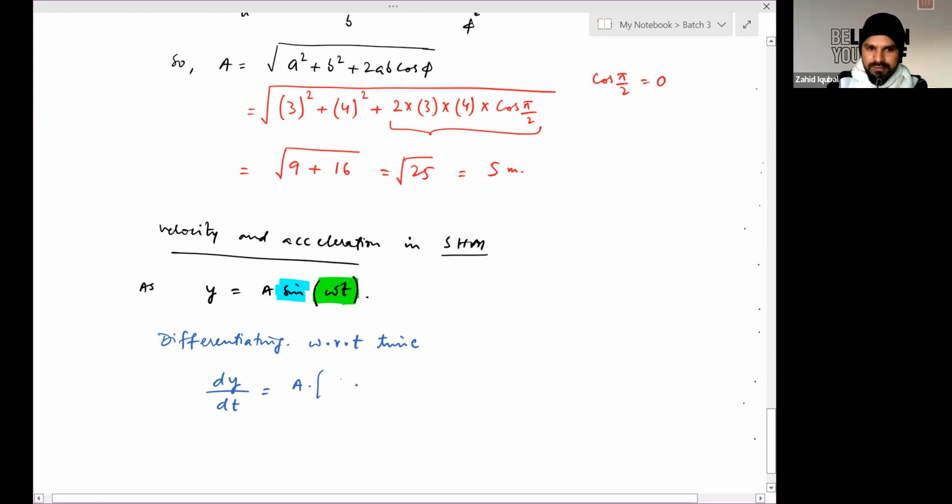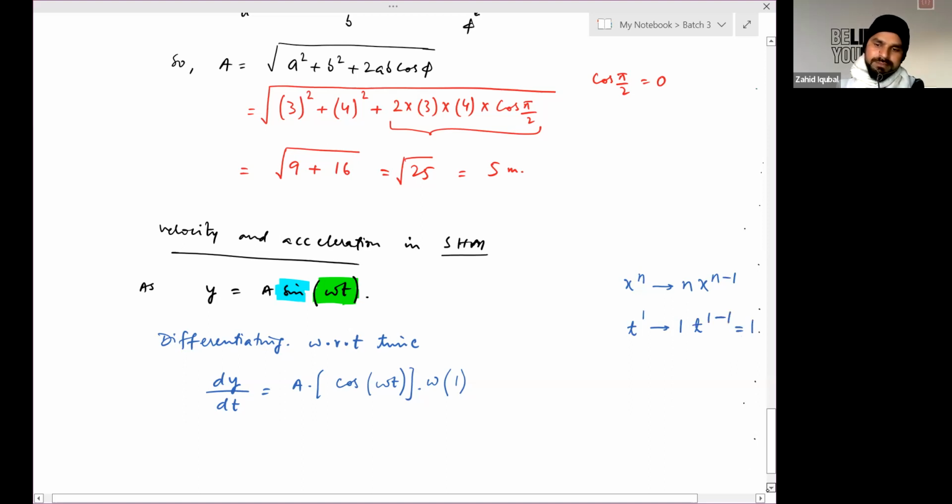Differentiation of sine will be cos omega t, and further differentiation of omega t, in which omega being constant, keep it outside, and differentiation of t will be just 1. According to the relation, if we have x to the power n, differentiation will be n x to the power n minus 1. Similarly, here we have t raised to 1, so on differentiation it will be 1 times t to the power 1 minus 1. That will be just 1.